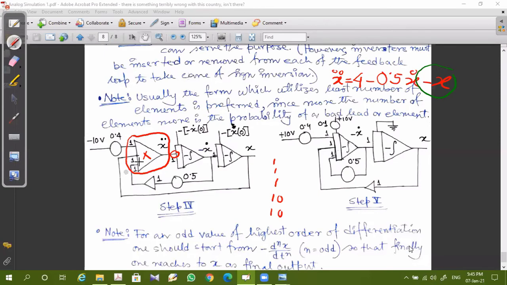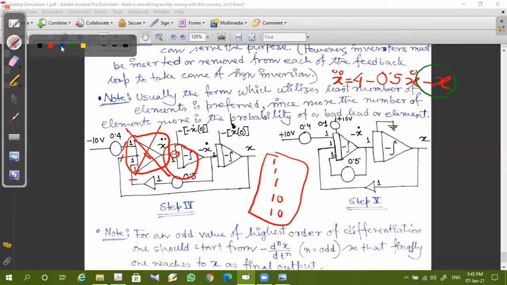So what you can do, we can simply eliminate this part and incorporate this 1, 2, 3 signals directly to this integrator, since this integrator has the provision for 5 inputs, right? So what we will do, we'll simply connect.